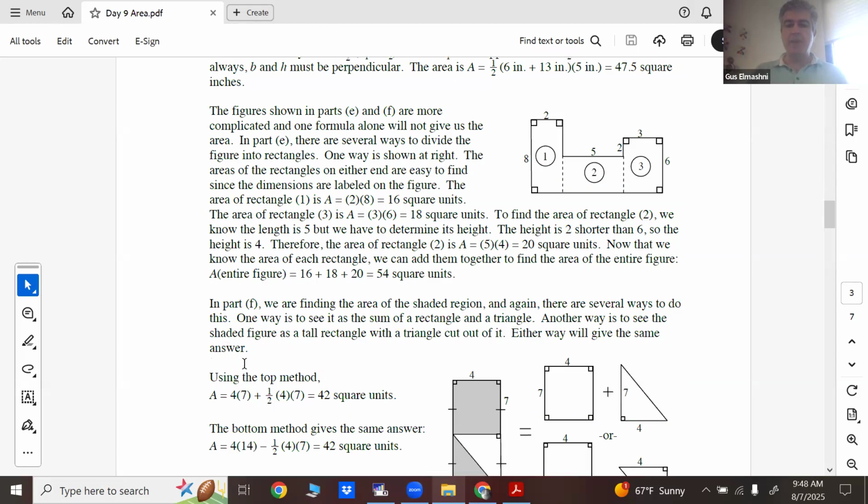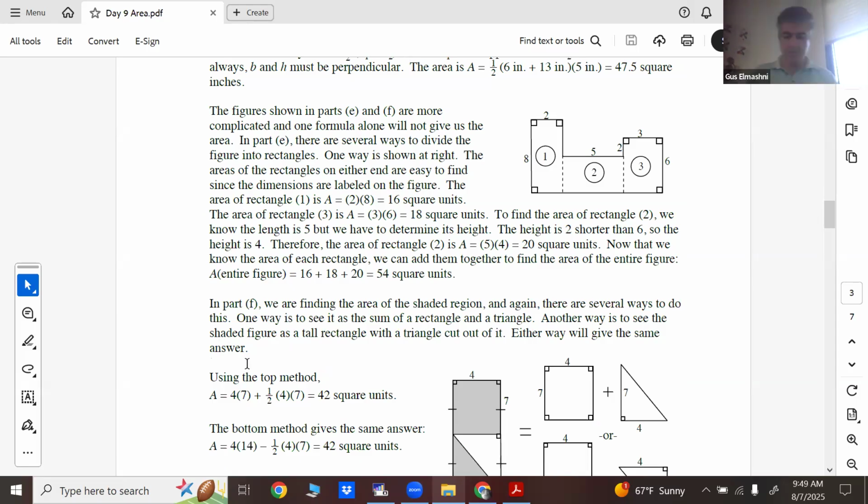Then we had the funny shapes. So Wagner, can you read that large paragraph there, the figures showing parts E and F? Figures shown in parts E and F are more complicated, and one formula alone will not give us the area. Part E has several ways to divide the figure into rectangles.